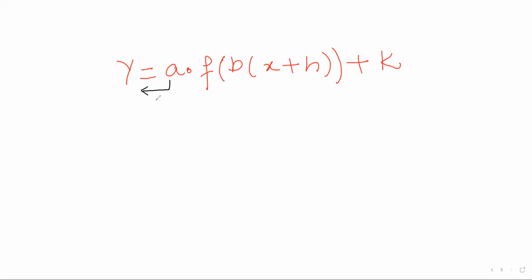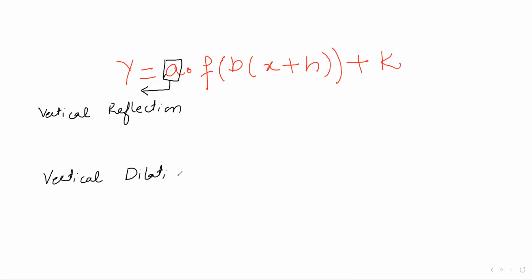Yes. Okay, so it's A. What is this A representing? A is representing something. Hold on, just give me a second. A is vertical reflection, so up and down, or vertical dilation.